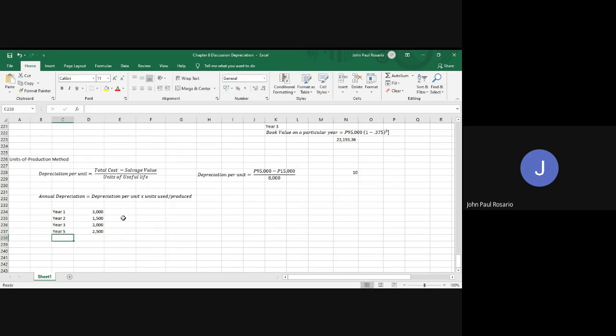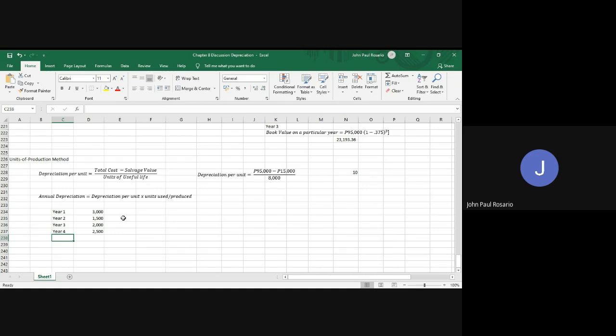For purposes of simplifying our discussion, because changes in accounting estimate will be discussed in your accounting subjects, for now let's assume there was no change in the estimate of the units of useful life. It's just that on the last year, the usage of the computer system was unexpectedly beyond their expectation.